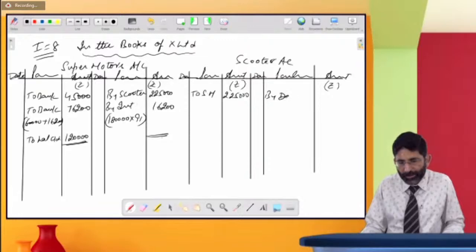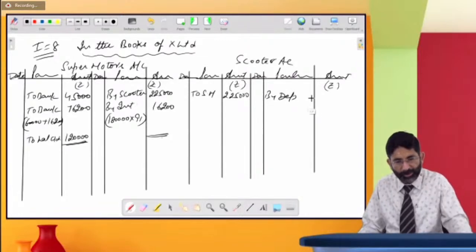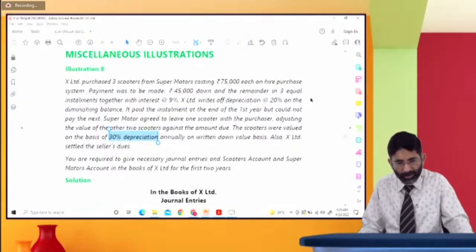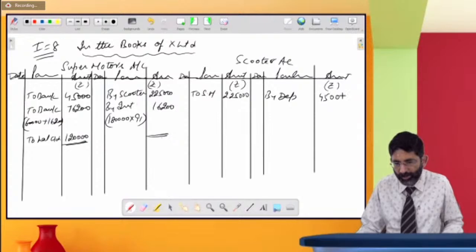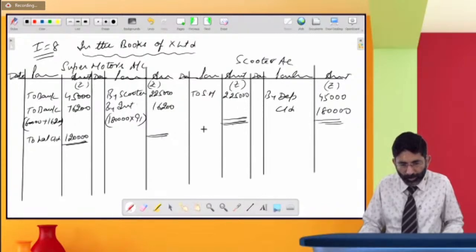Rate of depreciation is given to you. It is 20% according to us. So whatever we have assumed, we will charge 45,000, and 1,80,000 is the balance carried on. It will be brought down in the next year, 1,20,000.